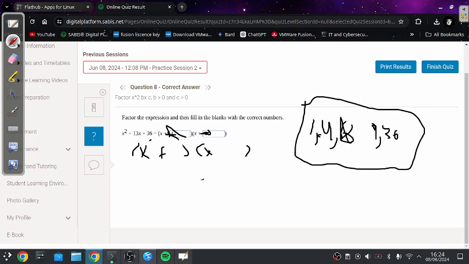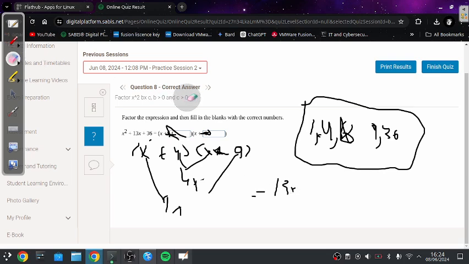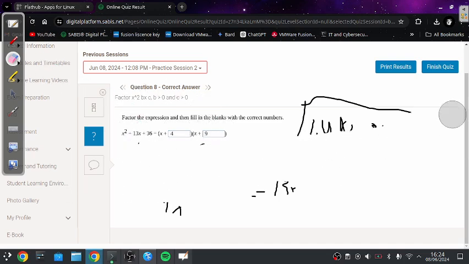X plus 4 into x plus 9. Just like this, positive. So this should be 9x plus 4x, which would be 13x. So this is your answer. Just check 4 and 9. Yeah, so just remove everything here.